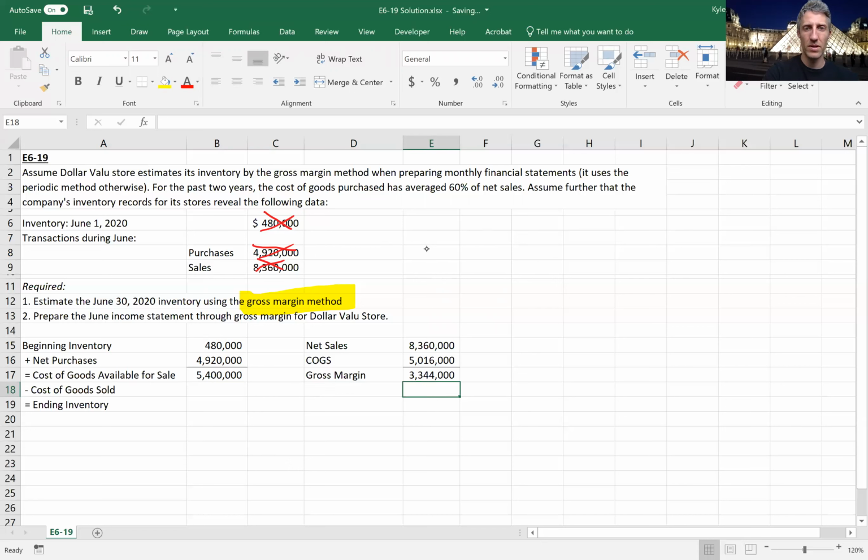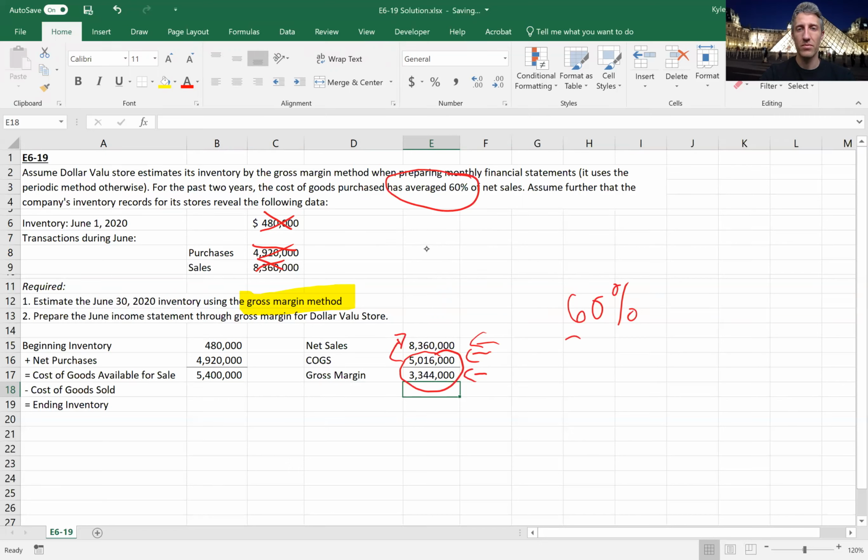Before I go on, I do want to talk about the 60%. Knowing that gross margin is sales minus cost of goods sold, and cost of goods sold is 60% of sales, if I were to add these two together, it would equal the full 8.3.